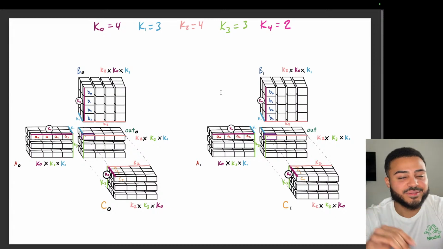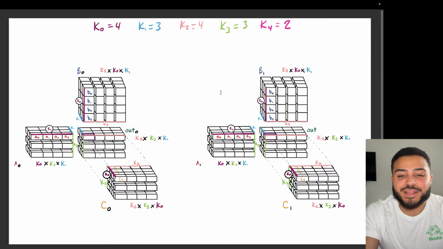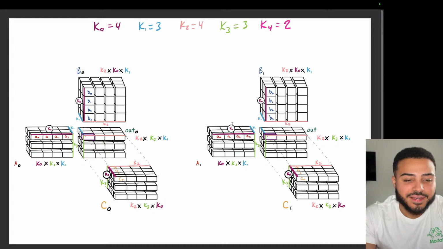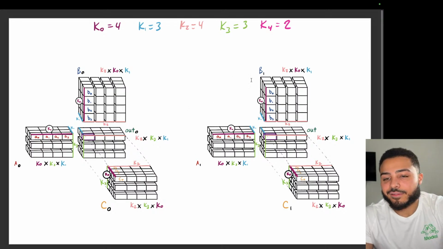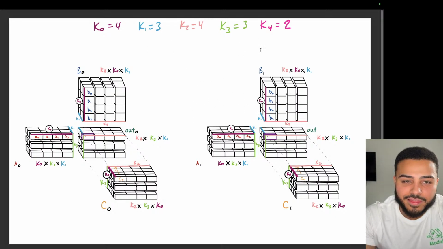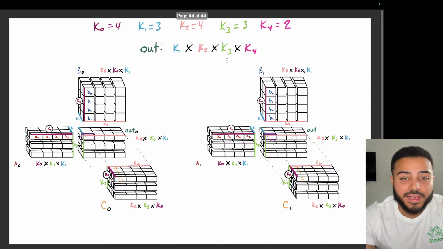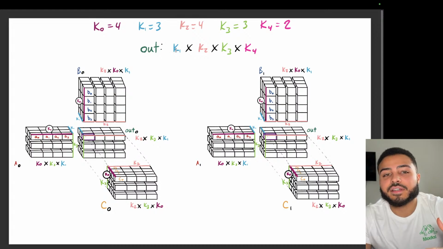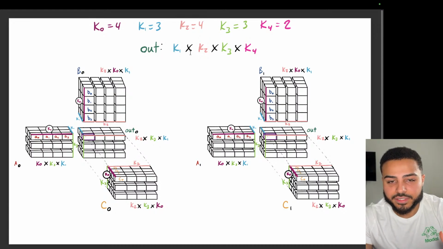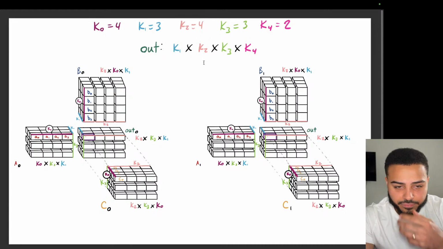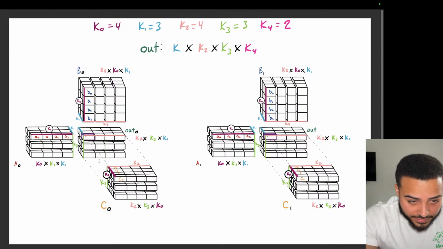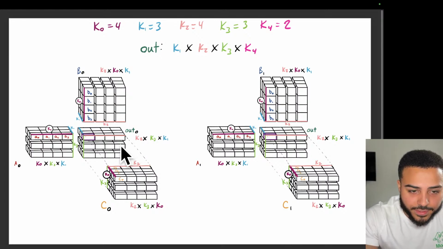And one issue here is that dimension means a couple things. But anyways, you have these as your dimensions, and this is going to be your resulting output tensor's dimension. So this output tensor on the left, how do we get that big?